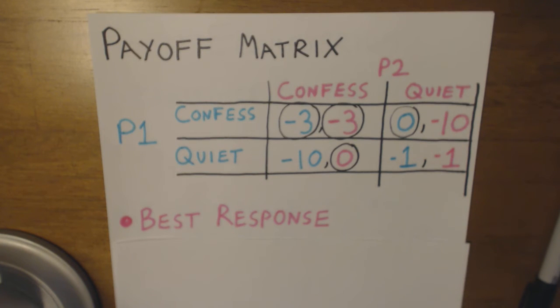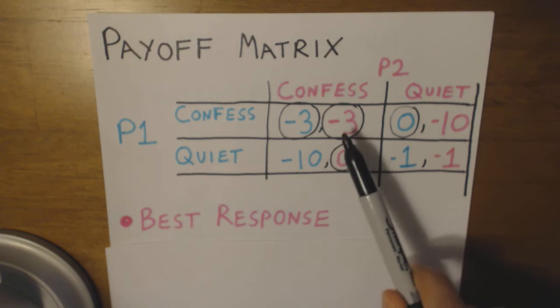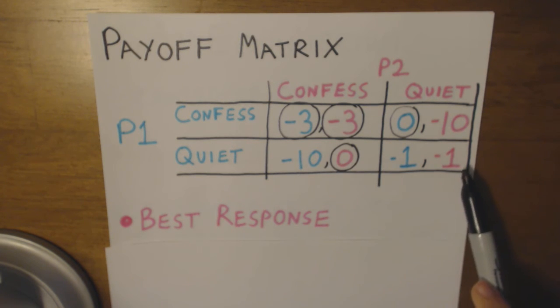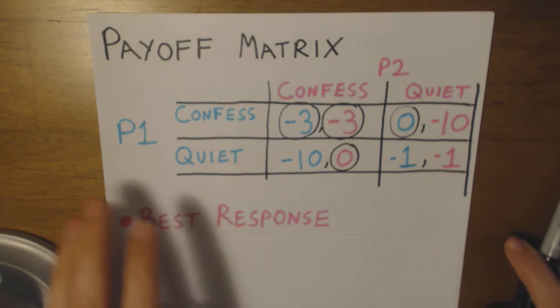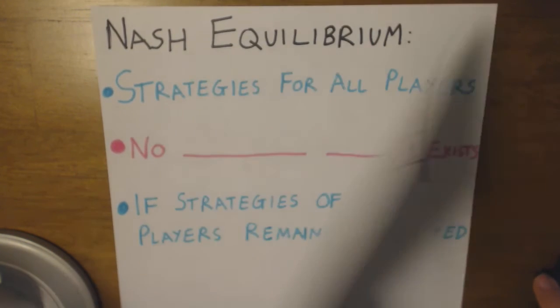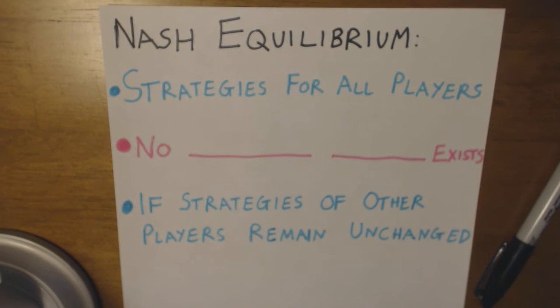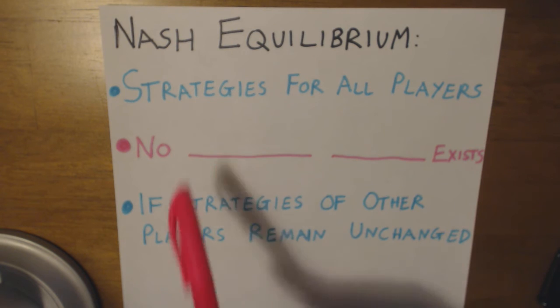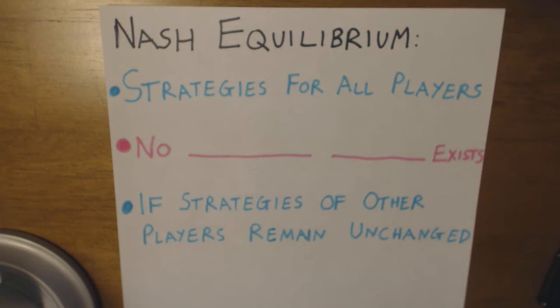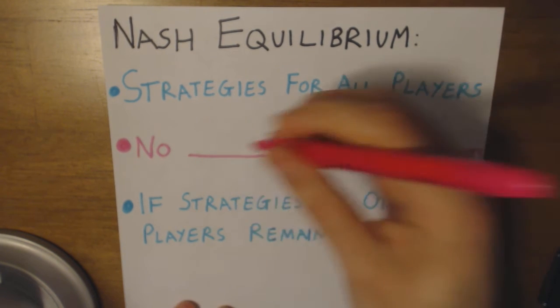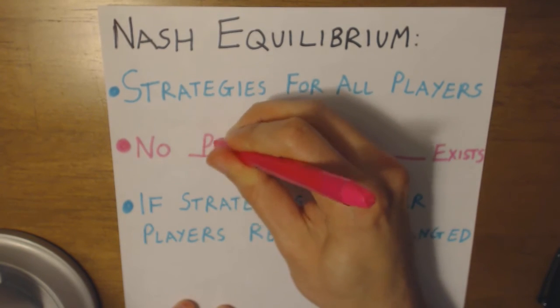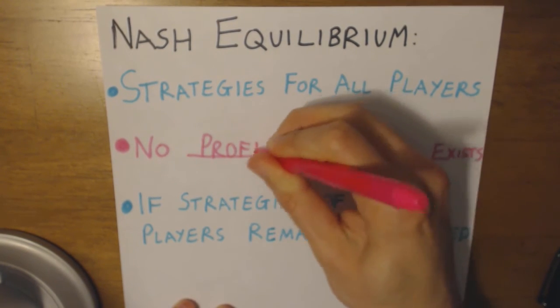Okay, so what we have to do to show that this is a stable equilibrium and this is not a stable equilibrium, so not a solution, is define what it means to be a Nash equilibrium. Here we have the definition of a Nash equilibrium. It is a set of strategies for all players in a game such that no player can profitably deviate.